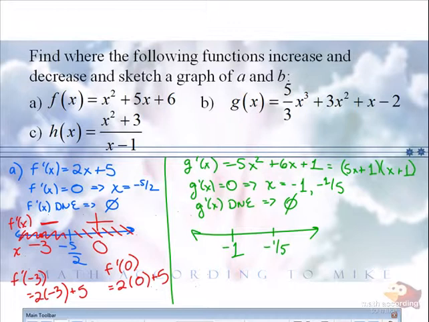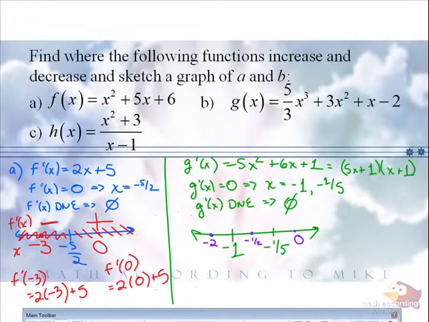Negative 2. I need a number between negative 1 and negative 1/5. Negative 1/2. And bigger than negative 1/5. 0. So those three numbers are my test numbers: negative 2, negative 1/2, and 0.